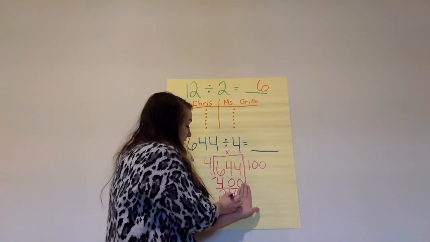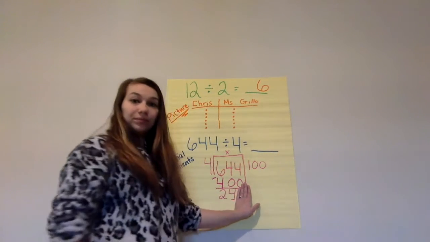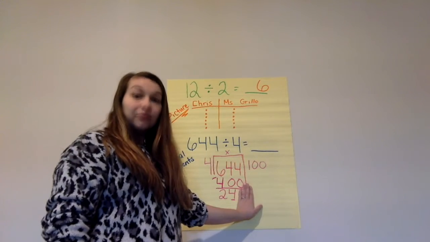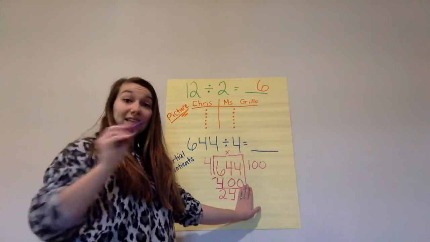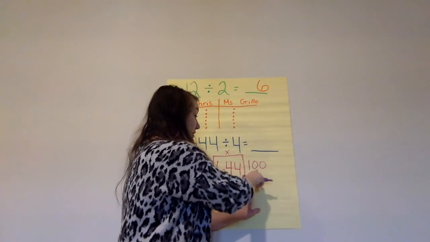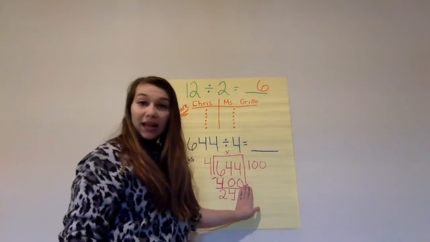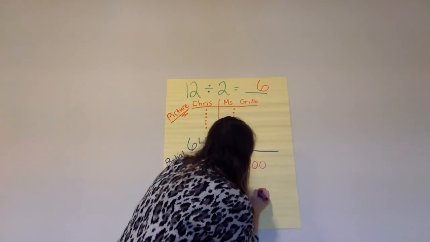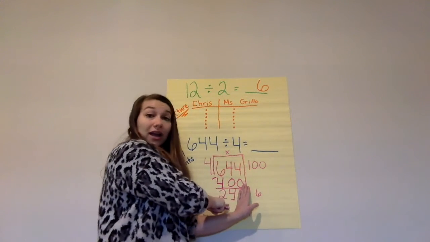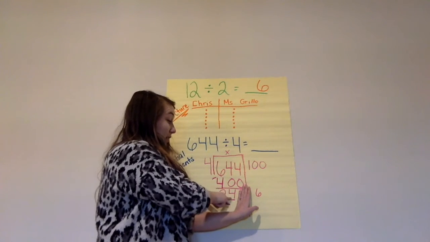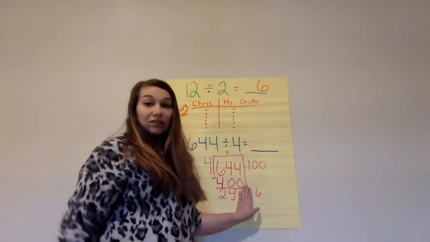And what place is this 4 in? The tens. Very good. Which means when I go ahead and put my 6 over on the side, I am going to put it in the tens. So whatever that last number is, whatever place value, is where your answer is going.